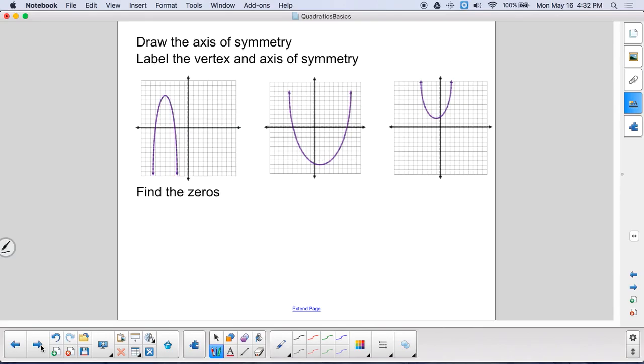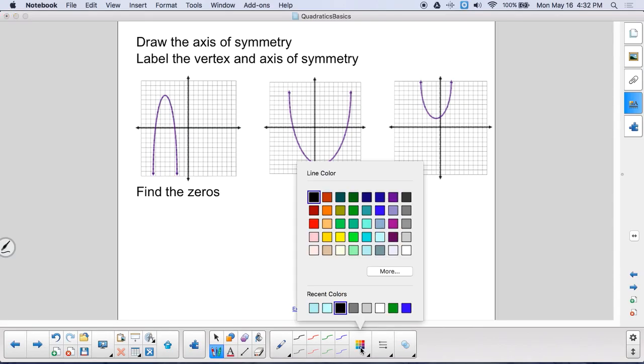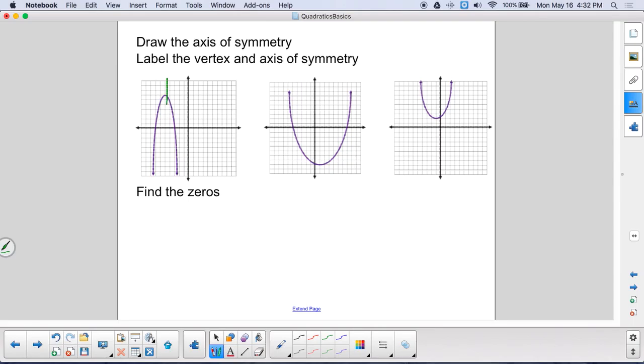So a couple examples, if we're asked to draw the axis of symmetry in. First of all, the axis of symmetry is that center line where one side matches up with the other. If I label the vertex, it's this highest point right here.